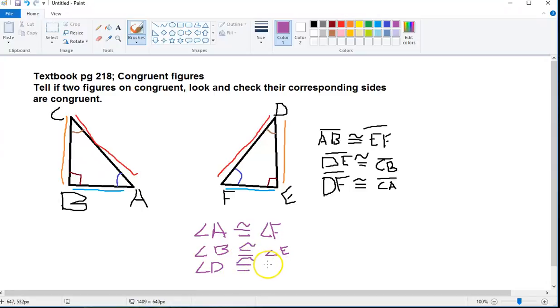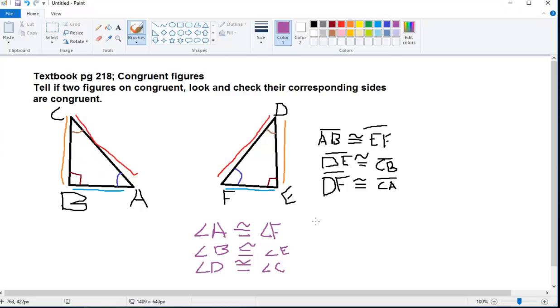Oh, that was bad. Alright, so we need to check if all of these different things are congruent. If they're all congruent, then these two figures would be congruent.